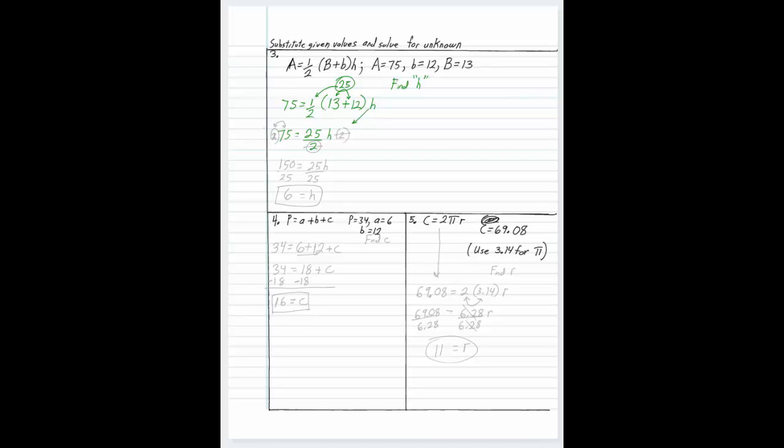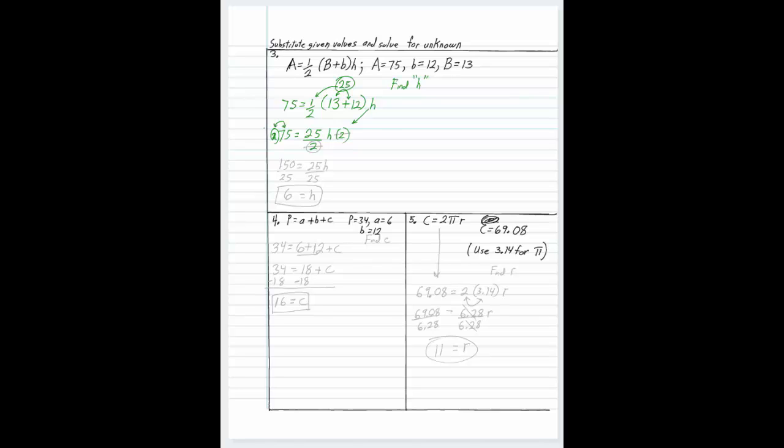So right now we have 75 equals 25 over 2 times h. We have a fraction, and I notice most students hate fractions, so let's get rid of the fraction. We can accomplish this by multiplying both sides by 2. Why 2? Because 2 is on the bottom.